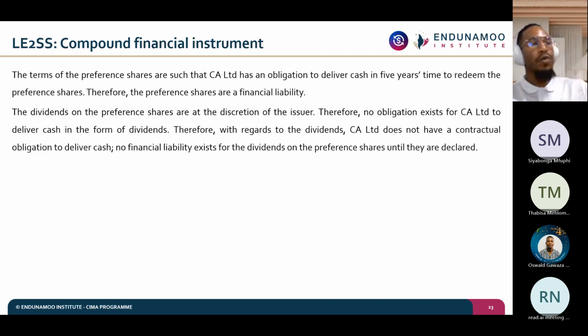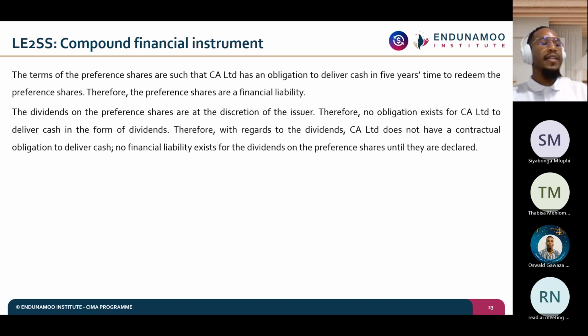The reason why they're preference shareholders is because they take preference over ordinary shareholders. So before a dividend will be declared to the ordinary shareholders, the preference shareholders will have to get a dividend as well.